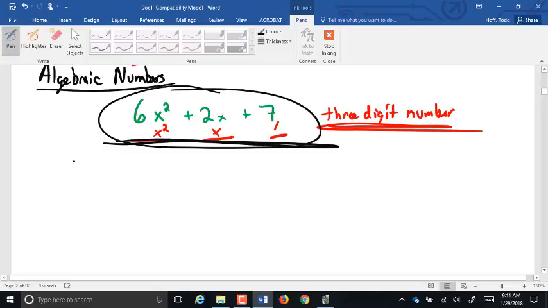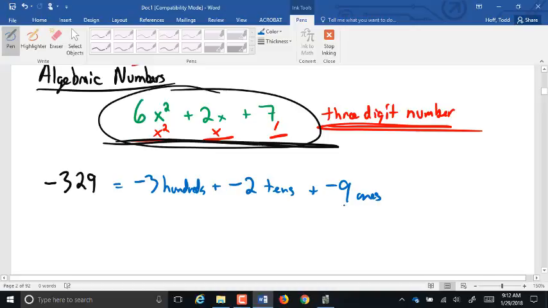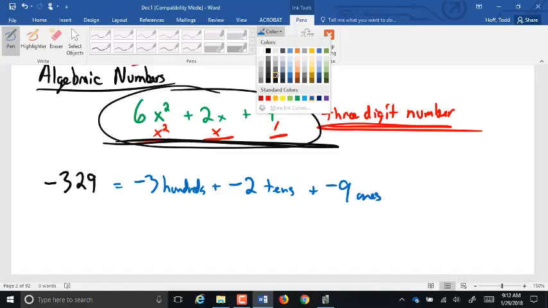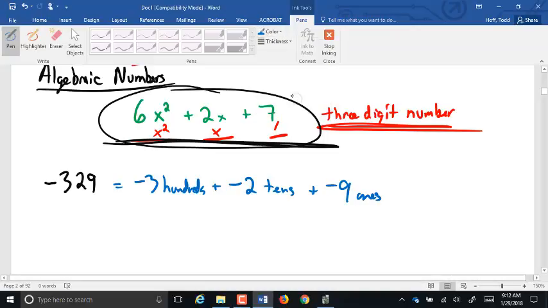The second is if I have an integer, negative 329, every digit of that number is negative. This is negative 300s and negative 20 or 10s and negative 9 ones. In an algebraic number, every digit can be positive or negative on its own.